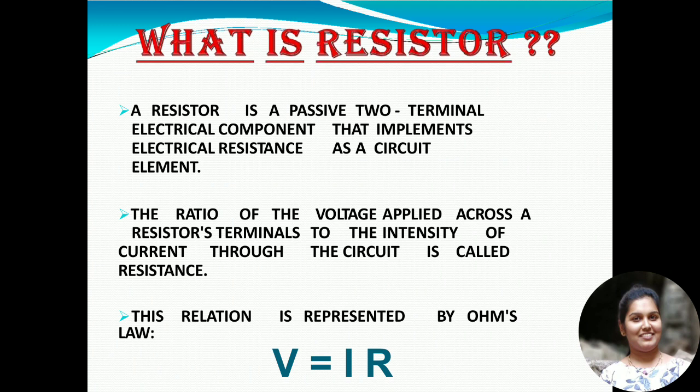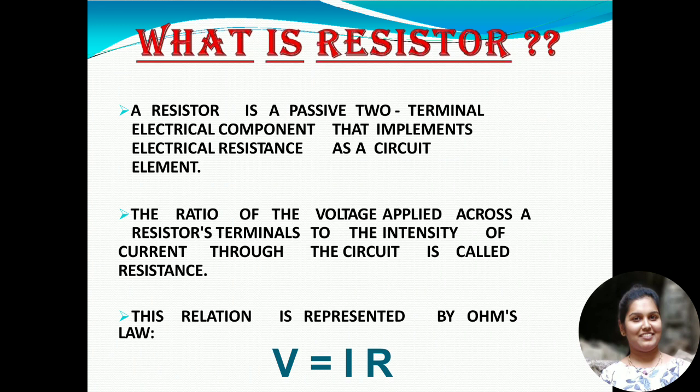So the resistor is simply called a passive bilateral two-terminal electrical component that implements electrical resistance as a circuit element. The ratio of the voltage applied across the resistor terminals to the intensity of current in the circuit is called resistance.